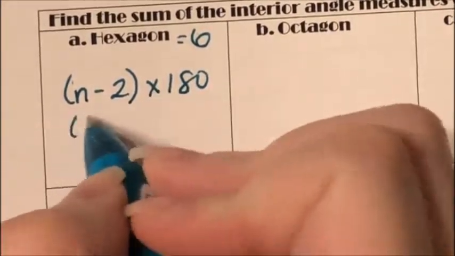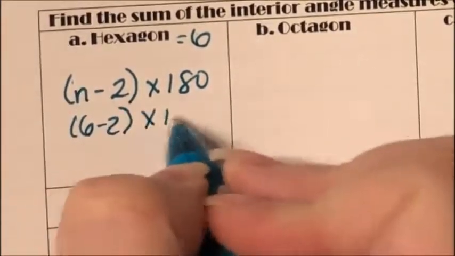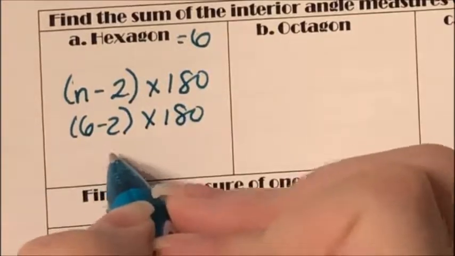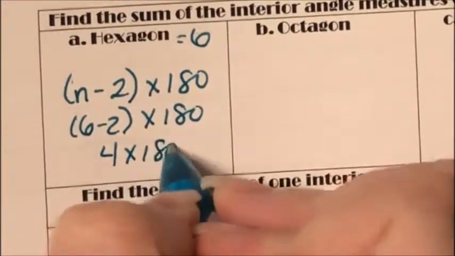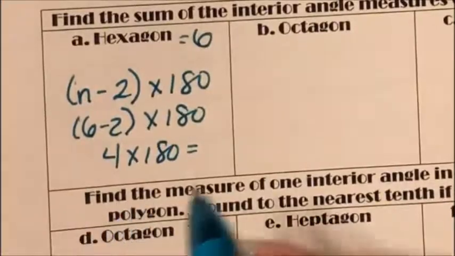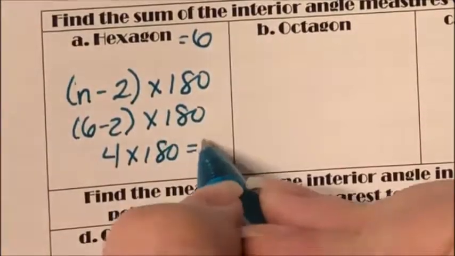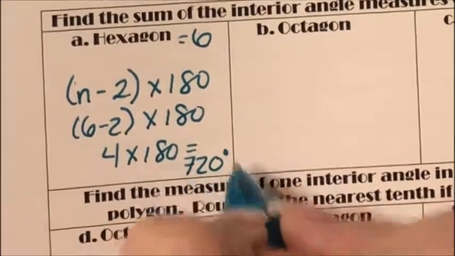I'm going to do 6 minus 2 times 180, which is 4 times 180, which equals 720 degrees.